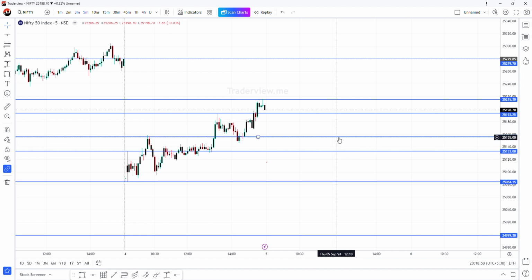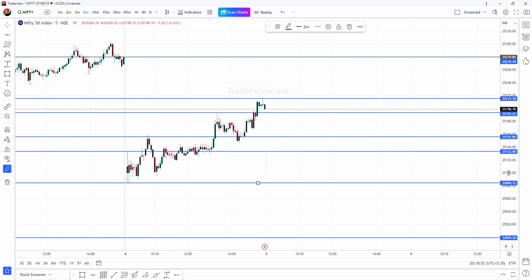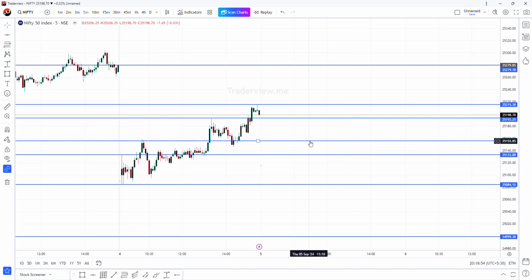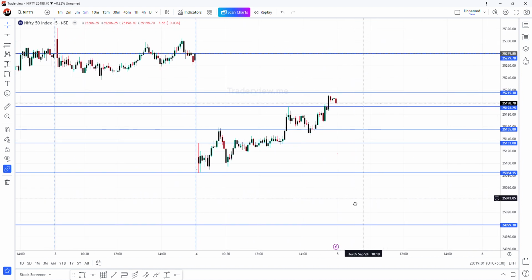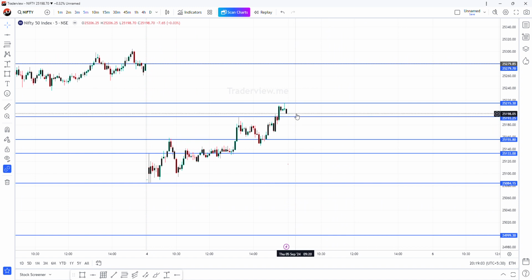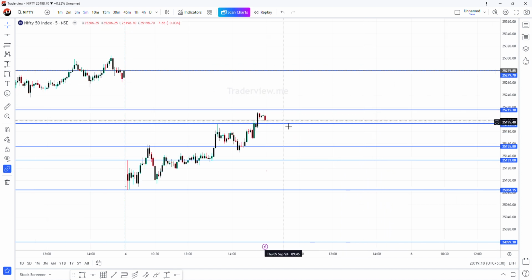So please be very careful and vigilant before you take trades towards the downward direction, because these levels can act as a good support for Nifty. Okay, what if the market opens flat and starts trading in this zone? It's better you wait until this resistance is broken, or these two levels are broken, and then you can take trades towards the downward direction.